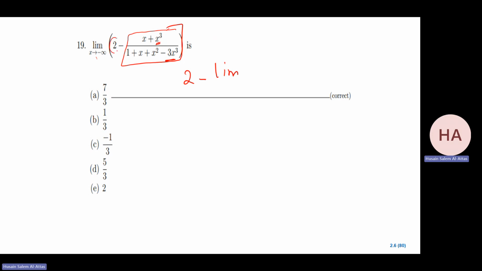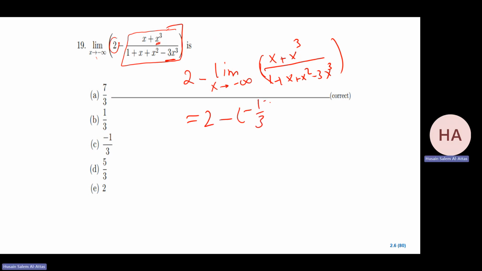The limit of 2 is 2, minus the limit as x goes to minus infinity of all of this, which is 2 minus 1 over minus 3. So that would be 2 plus 1 over 3. This 2 is 6 over 3, so this is 7 over 3.